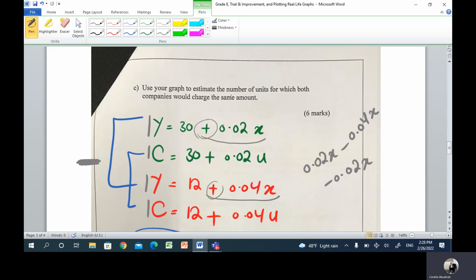It is when you consume 900 units, whether in company X or in company Y, you are going to be charged $48.